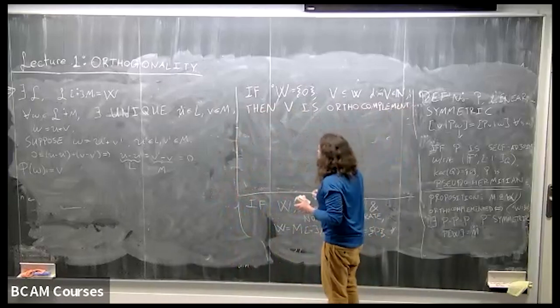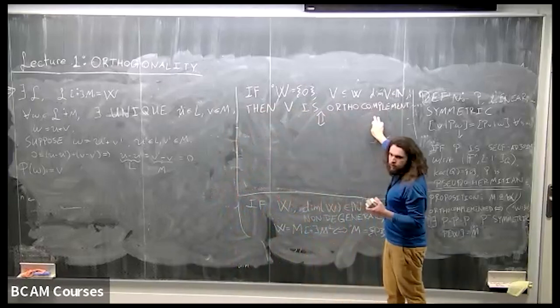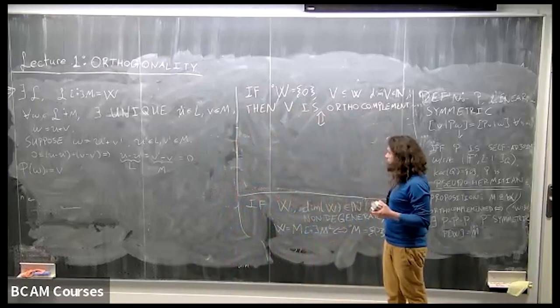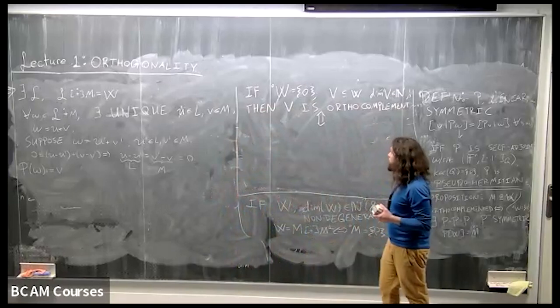And so the proof of this: V is orthocomplemented if and only if there exists a projector that satisfies those nice properties. And I'll now tell you what the projector is.